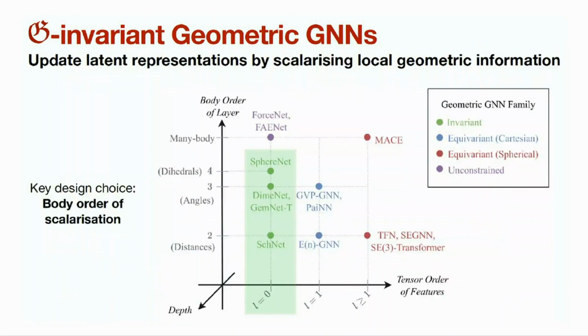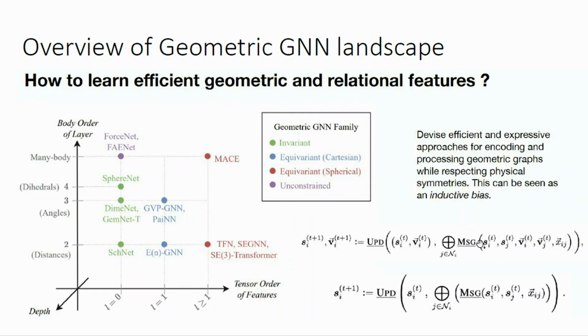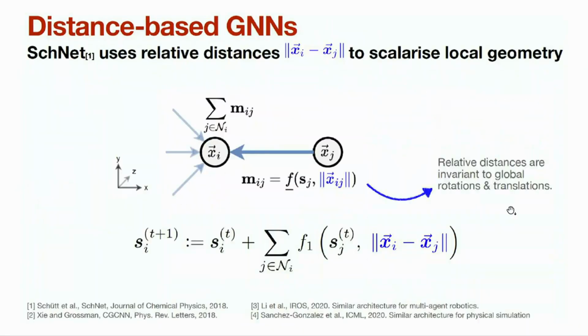So when we look at these message computation layers, which take the scalar information, the position information, and some vectors, what it does is I just use the scalar features, take the coordinates, compute the relative distance between every pair, and use that as the features to my message. So however I compute this message and however I aggregate them, this information will not change regardless of how I transform my system, right? So this is a natural, very simple way of coming up with invariance and equivariance. So it's not that hard as you thought.